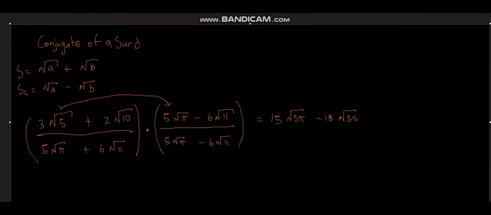Now with this one, same expansion laws, so 2 root 10 by 5 root pi: looking at the coefficients of the surds, 2 by 5 is 10, so plus 10. Root 10 by root pi is root 10 pi.